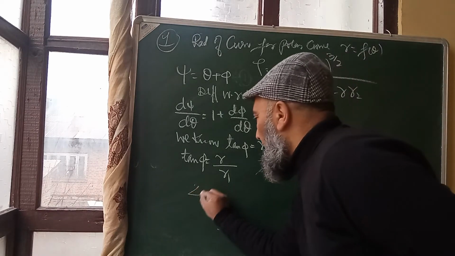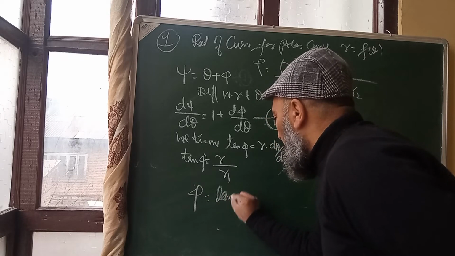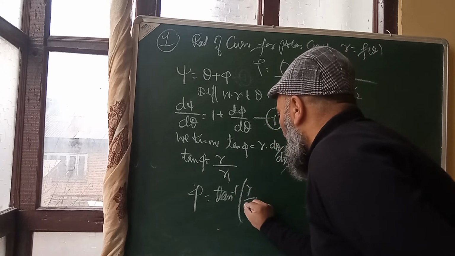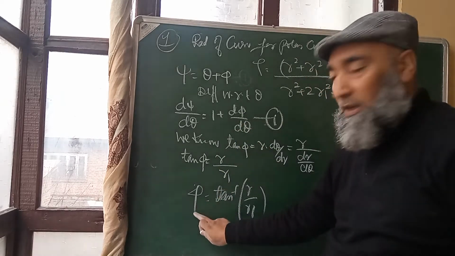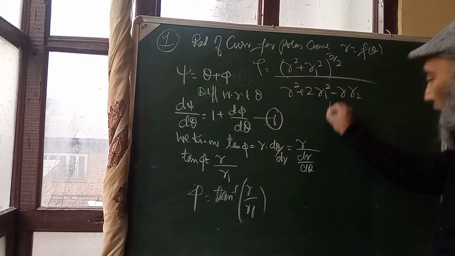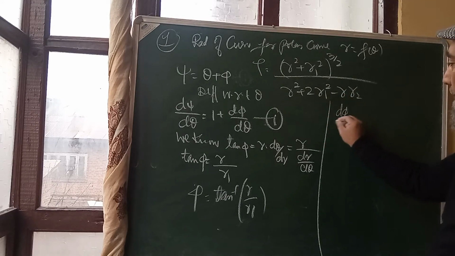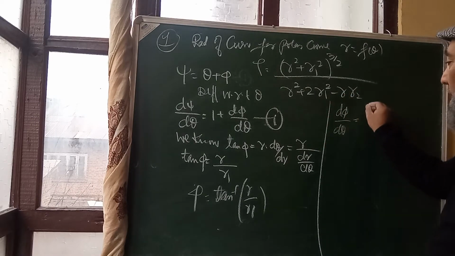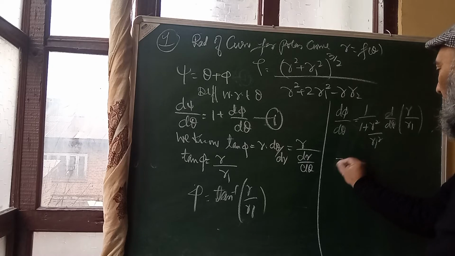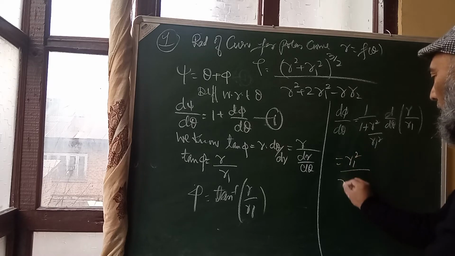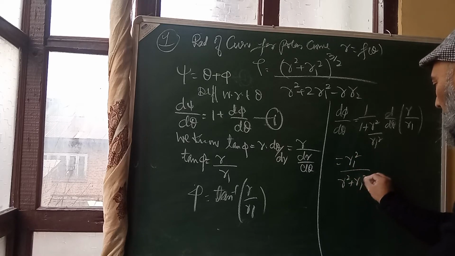So what is phi? Tan inverse of r by r1. Now let me differentiate, I need d phi by d theta. Let me differentiate phi with respect to theta. Now d phi by d theta: tan inverse function gives 1 by 1 plus function squared, times the differentiation of the function r by r1. This is r1 squared over r squared plus r1 squared.